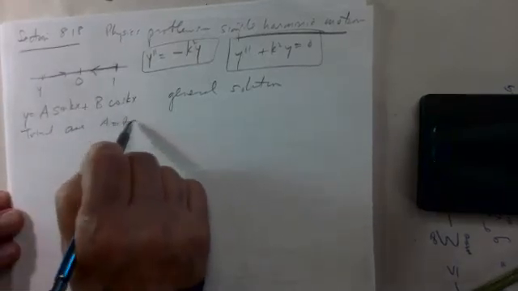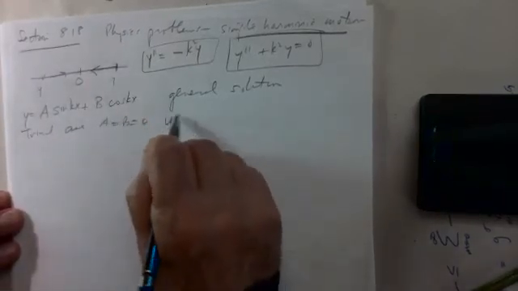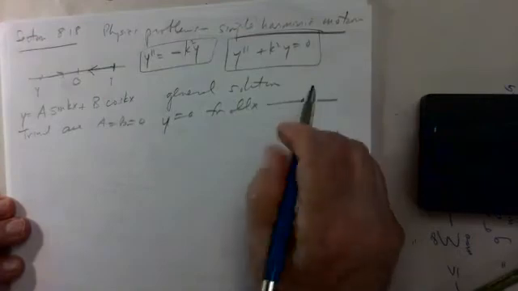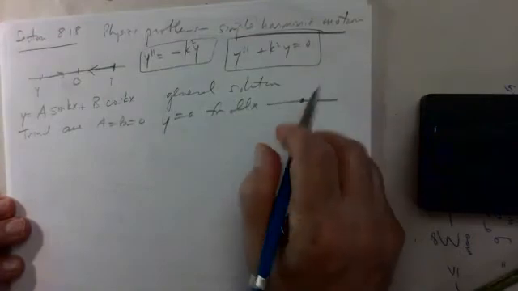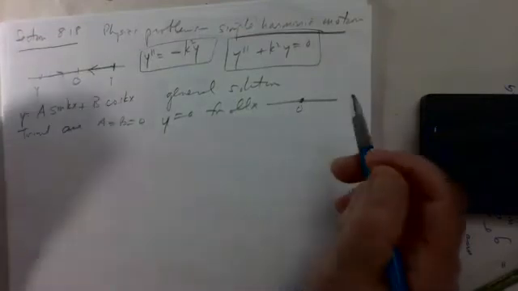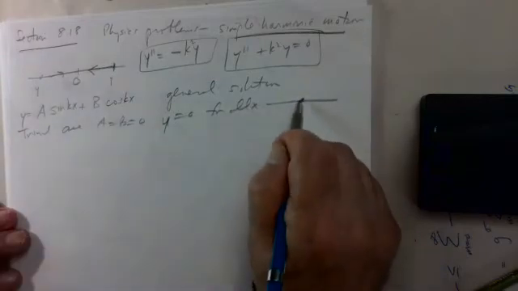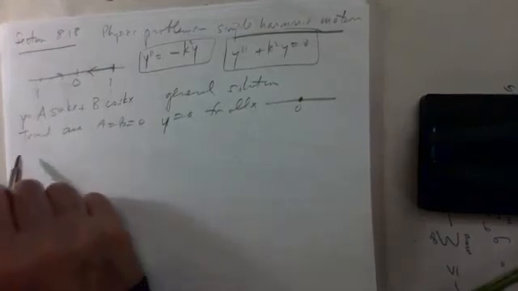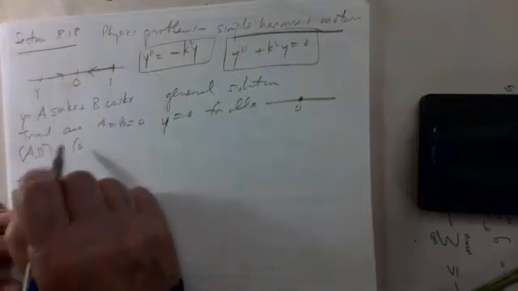If a equals b equals 0, then y is just 0 for all x. So it means that if your particle is sitting at 0, it never moves. It's just there. So the real case is when a, b are not both 0.